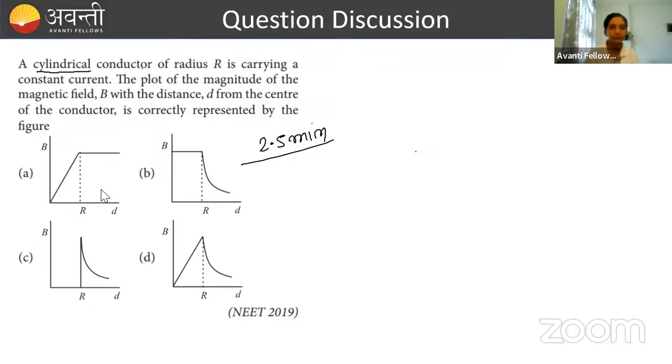Yes, others, please do solve it. This thing is also in your NCERT example question, if you remember, if you go through the books. Yes, that's true.